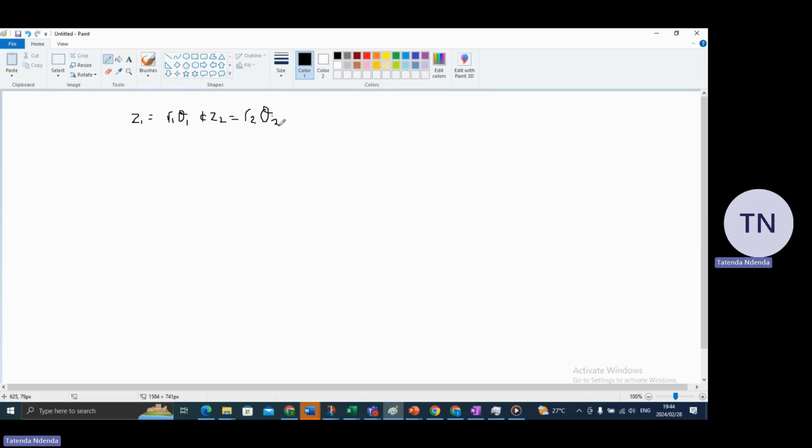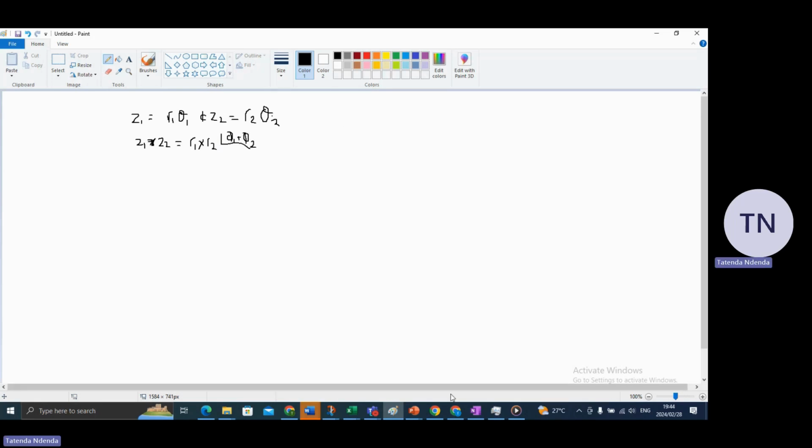So to get Z1 multiplied by Z2, we're going to have R1 multiplied by R2, then open bracket, theta 1 plus theta 2.